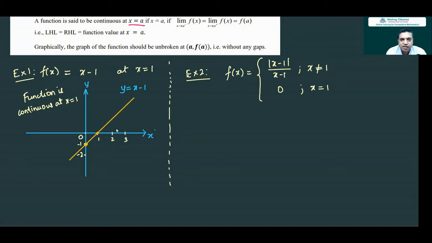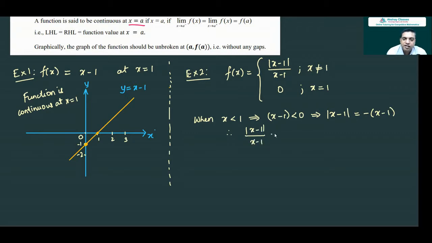How will the graph be? When x is less than 1, it implies x minus 1 will be negative, which implies modulus of x minus 1 will be equal to minus of x minus 1. Therefore, modulus of x minus 1 upon x minus 1 will be equal to minus 1.